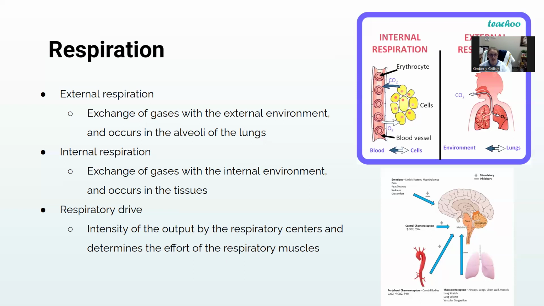But if you have something called COPD, which we'll talk about later, you have a hypoxic drive to breathe. So the body's adjusted to the amount of CO2 in the blood. And so this can lead to low oxygen levels being a stimulus for a patient with COPD to breathe. So if you have a patient with COPD and they get oxygen at 2 liters per minute, the drive to breathe can be eliminated.